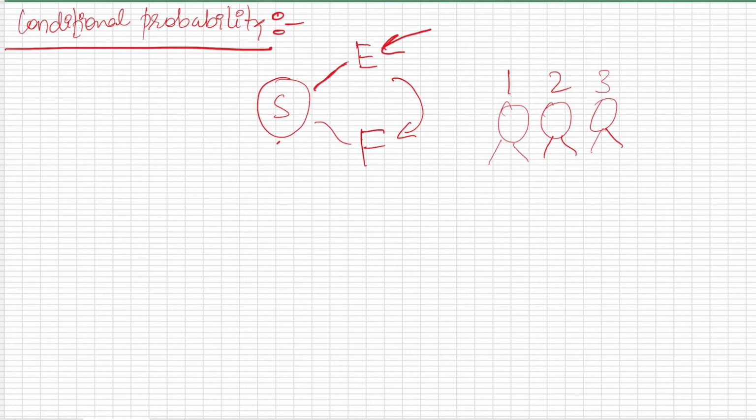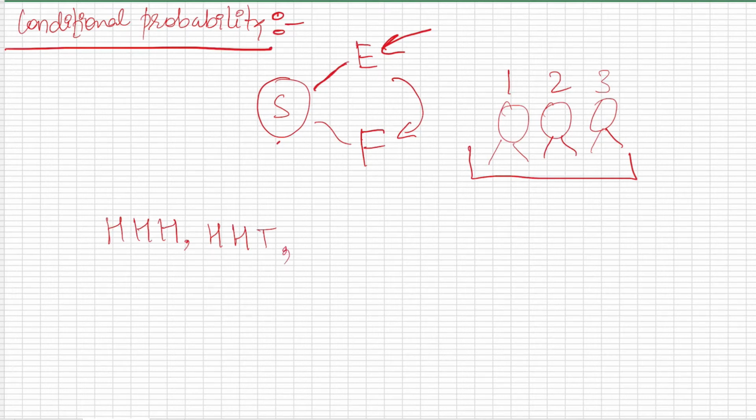The first thing we will do is collect the sample space, meaning all possible outcomes in this experiment. We may get the first outcome, which is head on each coin. Second outcome may be head on first coin, head on second coin, and the third showing tail.